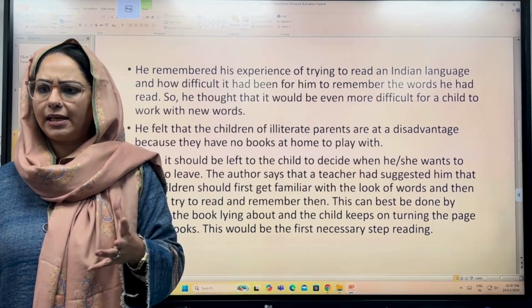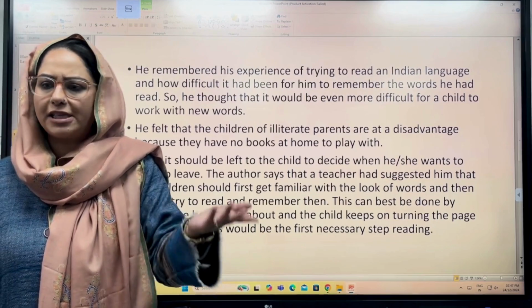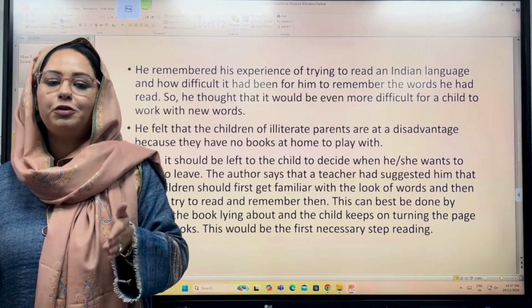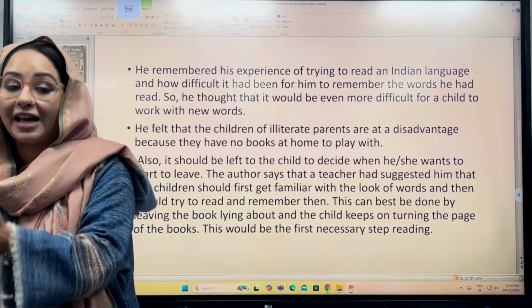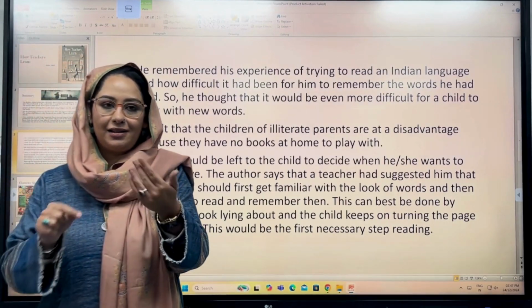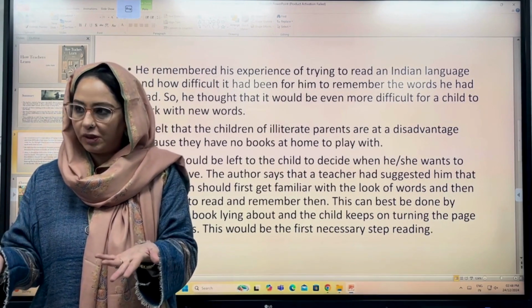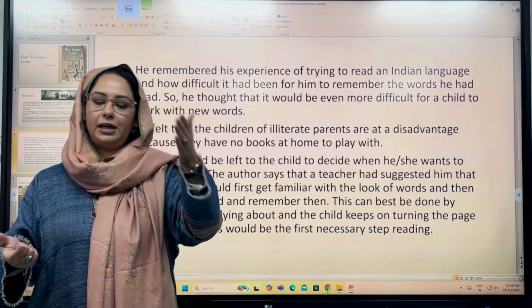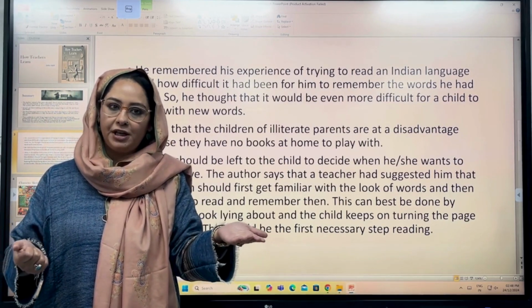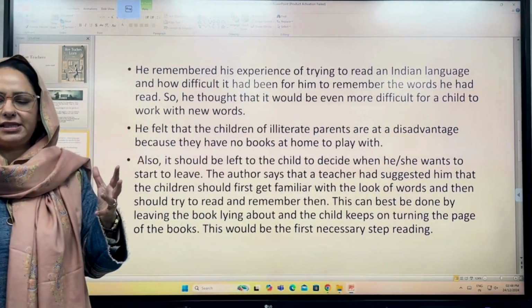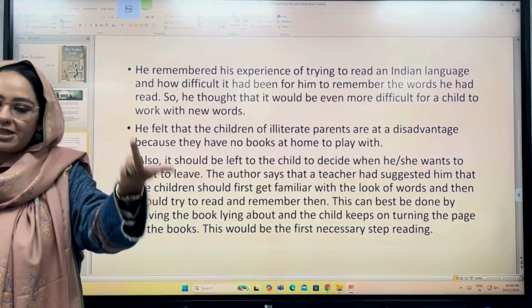Usually we as teachers say, why did you read this here, and on the next page you're not able to read it? We have to understand that she is a 5-year-old girl. She is still joining the words. Maybe a word like 'and' is difficult for her, and she's not able to repeat it on the next page. So the author is seeing from a different perspective, from the child's perspective.